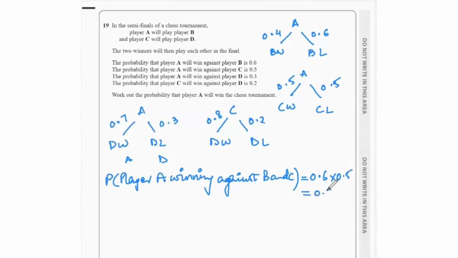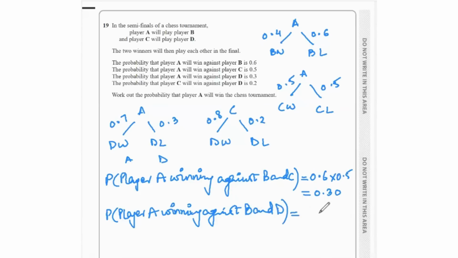So that's 0.30. Then the probability of player A winning against B and D. So that's going to be 0.6 times 0.3, which is 0.18.